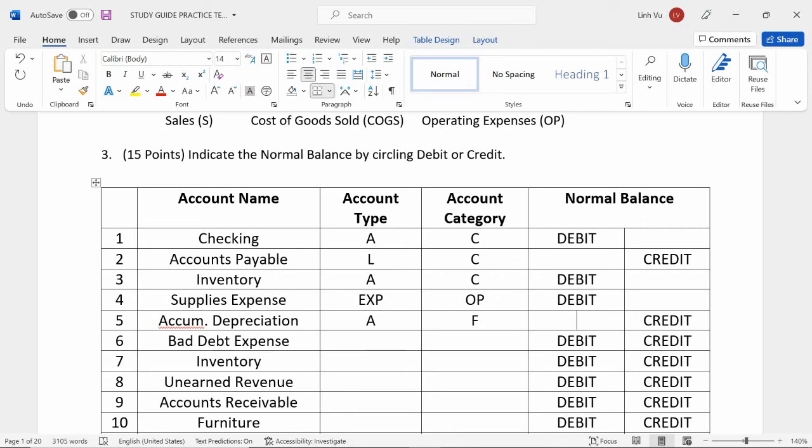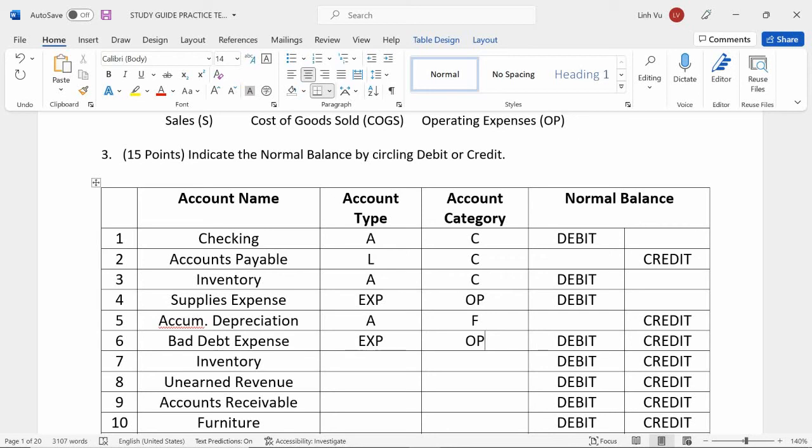What about bad debt expense? It's an expense. Now, what kind of expense? Just operating, right? So when you calculate bad debt expense and you have to expense it, you basically have to take a loss.